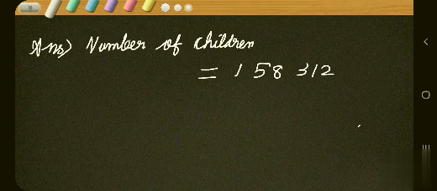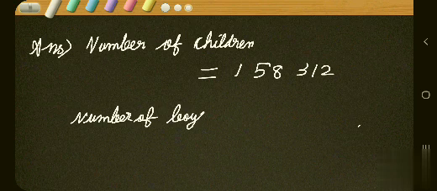Okay, and what will be the next step? Please say, what is the second step? Yes, number of boys. Okay, write down. Second step is number of boys. It is given as how much? Yes, 75,819. And final step, what will be the final step?